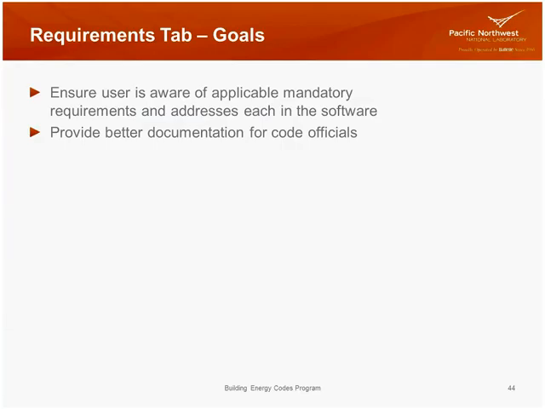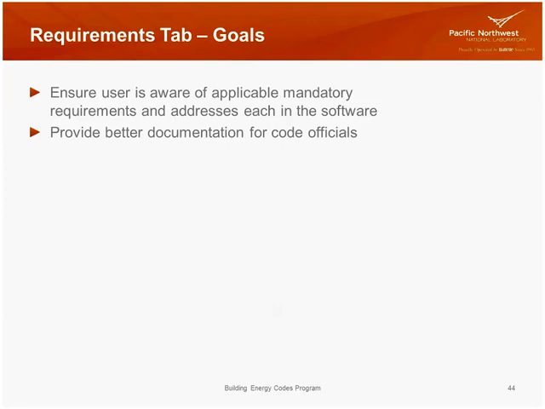Now that we've talked about project tab, envelope, interior exterior lighting, a little on mechanical and fans and service water heating, the last tab, code dependent, is the requirements tab. I've been talking about this a little in between some of these envelope provisions, assemblies, and lighting.